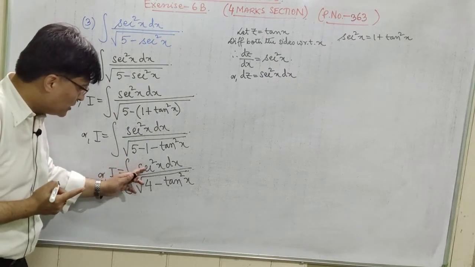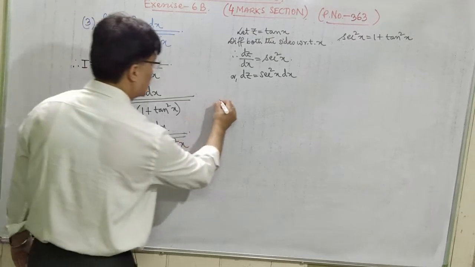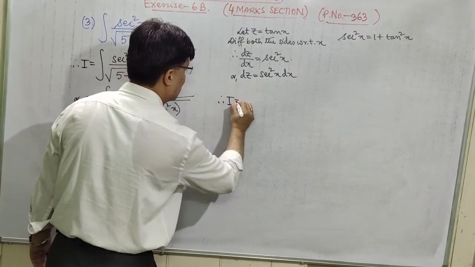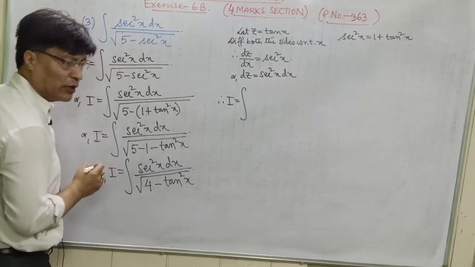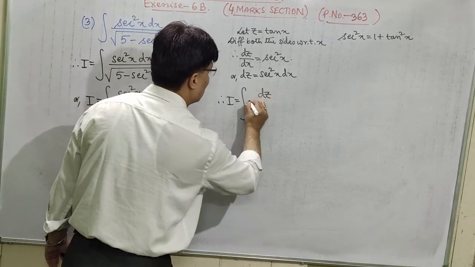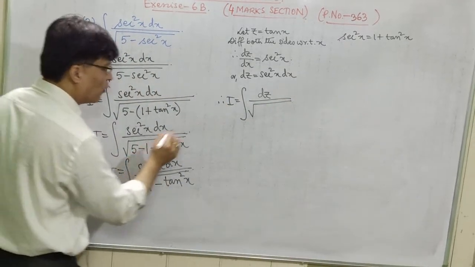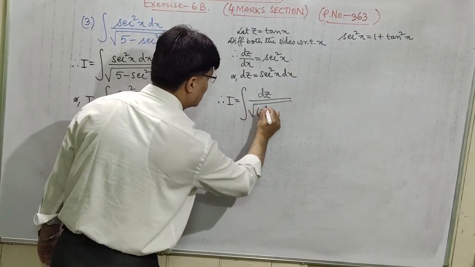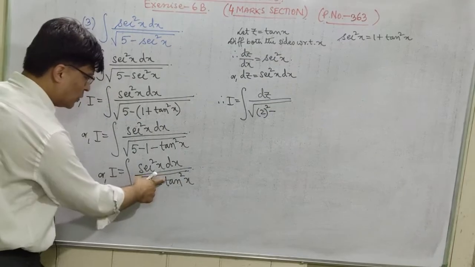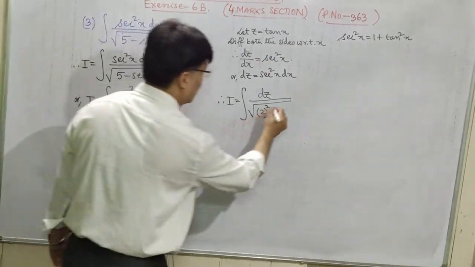So in the numerator, instead of sec square x dx, we can put dz. So therefore I is equal to integration of, what is sec square x dx? It is dz divided by within root, this 4 can be written as 2 whole square minus, what is tan square x? Tan x is z, so it is z square.